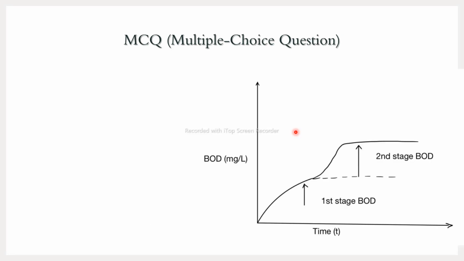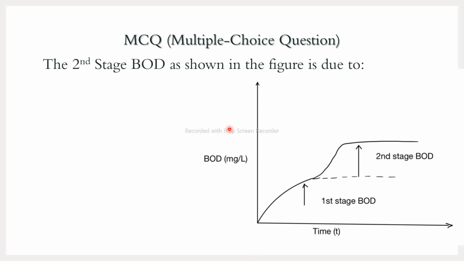So there is a picture that is given. This picture we saw at the starting of our today's class. There was one picture: on the right hand side there was the kinetics, and on the left hand side there was this picture. So the question that has been asked is something like this. The second stage BOD, as shown in the figure, this is the second stage.